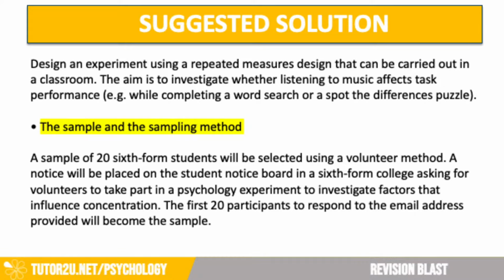And then you can't leave it there. You need to say how you are going to get them to come along. So the first 20 participants to respond to the email address provided will become the sample, and they'd be asked to come to the classroom where you're going to do the study.